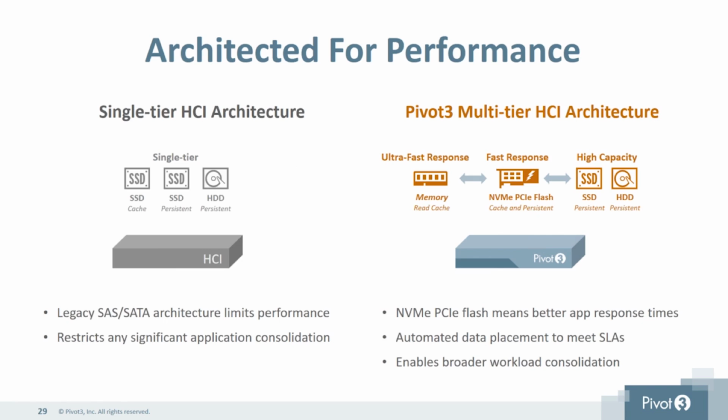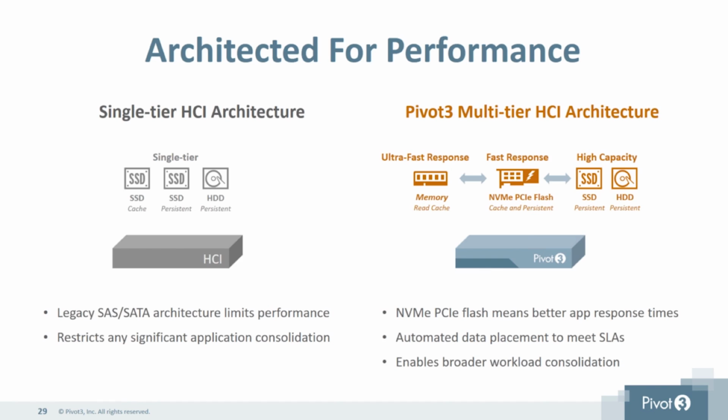Again, comparing the legacy architectures, they're typically a single tier of storage, so that limits the performance. You've got to make some decisions on whether you want to have SSD or HDD in your system. At Pivot 3, we use an architecture that's leveraging NVMe PCI Flash for the highest possible performance. And then we have the ability to tier to either SSD or HDD.